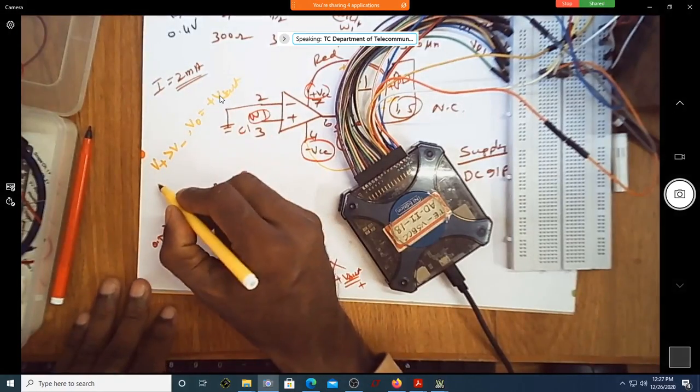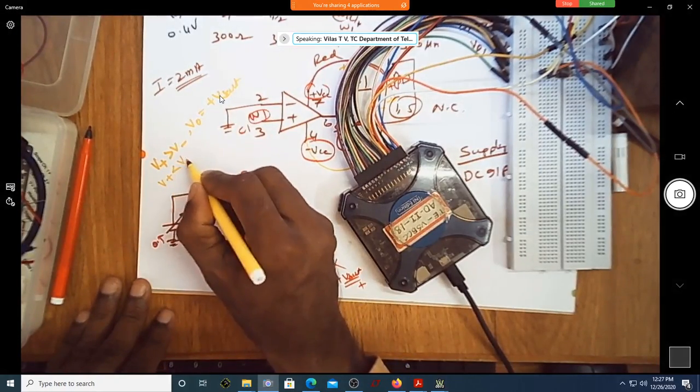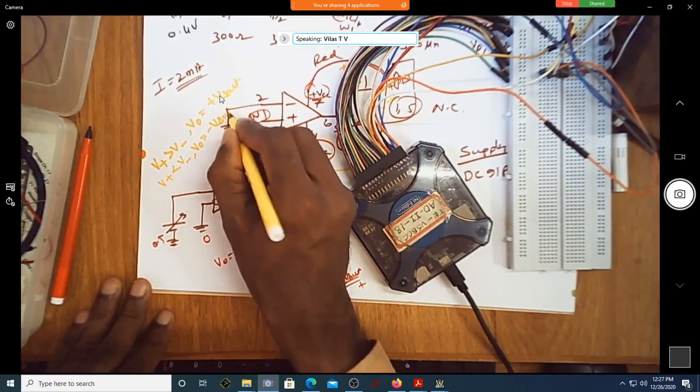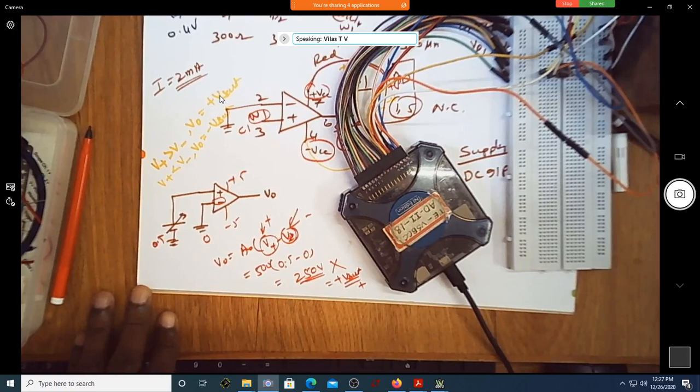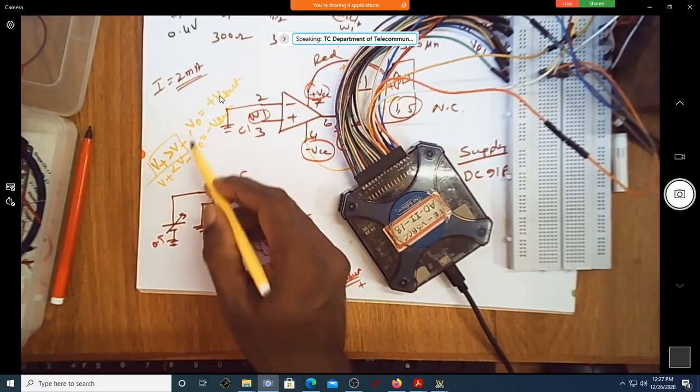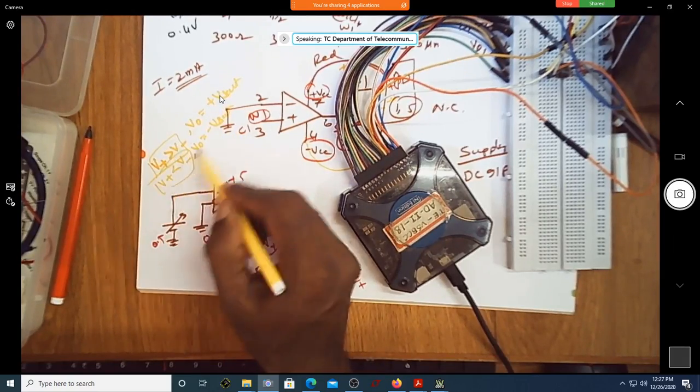What is the other conclusion? Correct? Whatever the value of V plus and V minus, if this relation is there, then it is plus V set. If this is true, then it is minus V set.